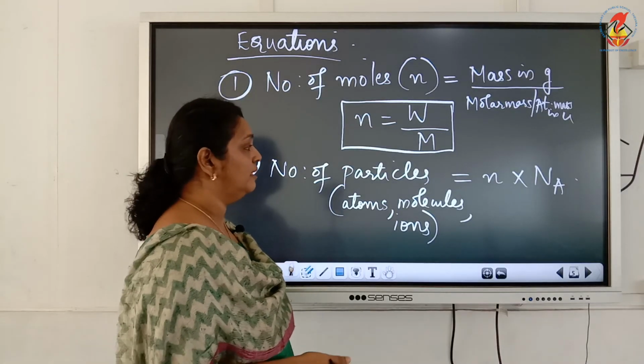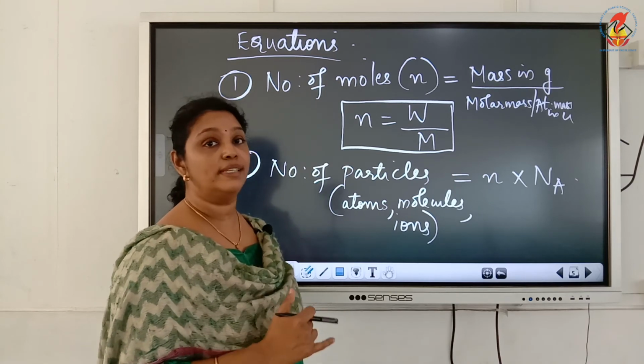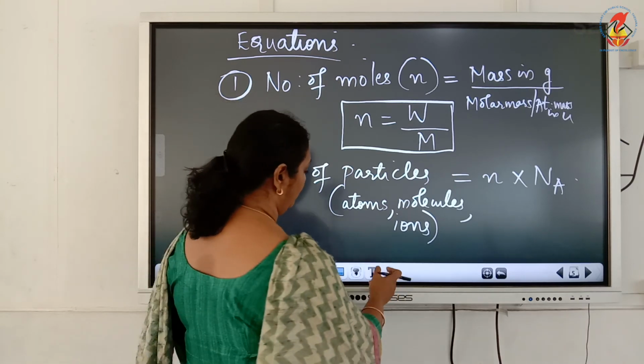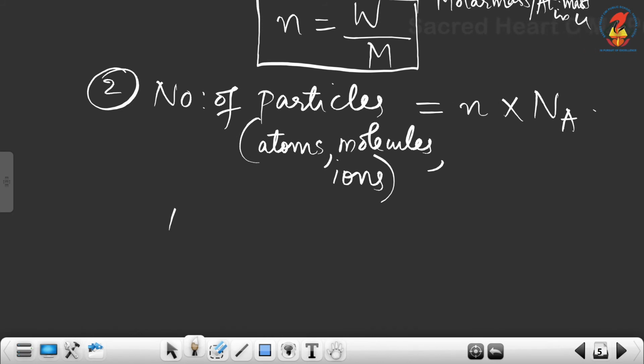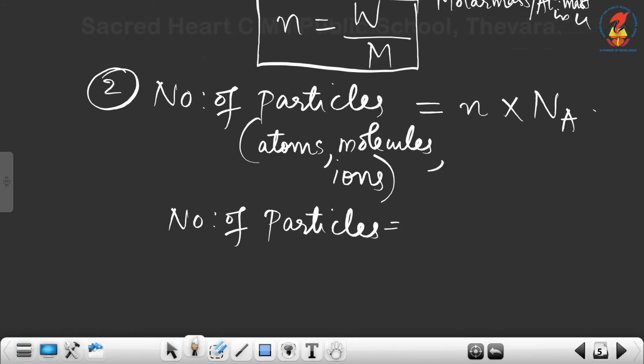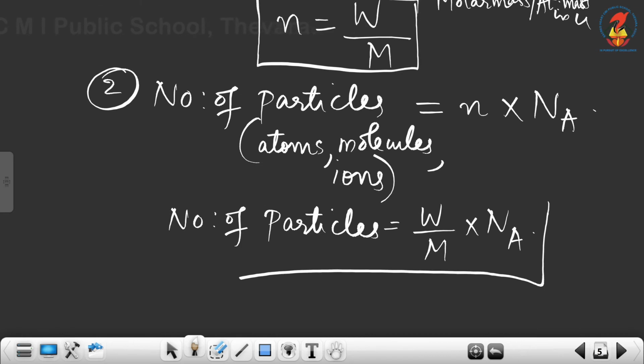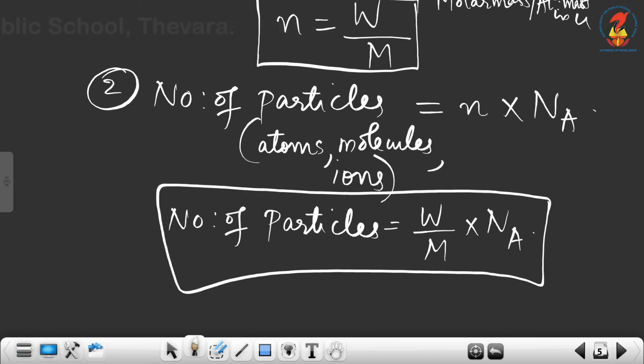Or again, when you write it as an expression, number of particles is equal to number of moles, which is given mass by molar mass, so W by capital M into Na. So this is the expression to find the number of particles.